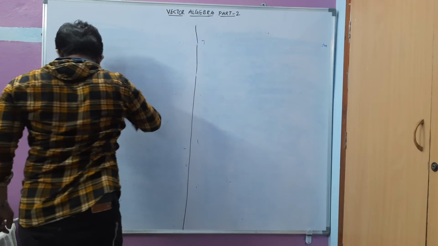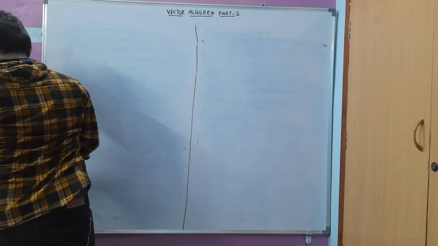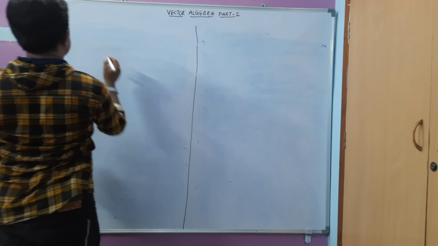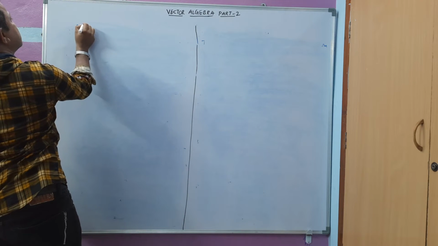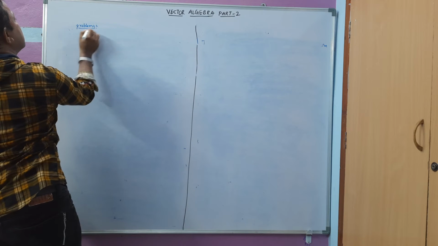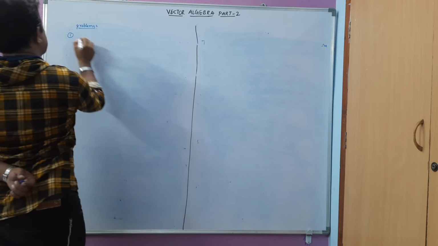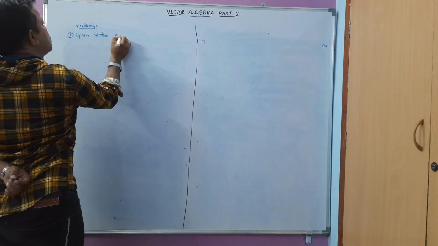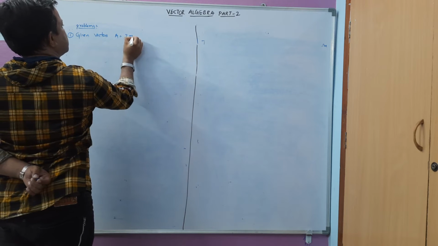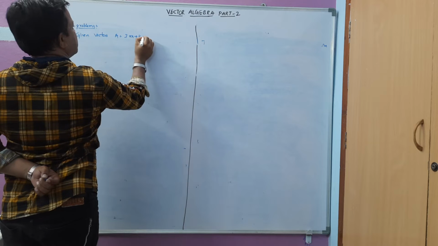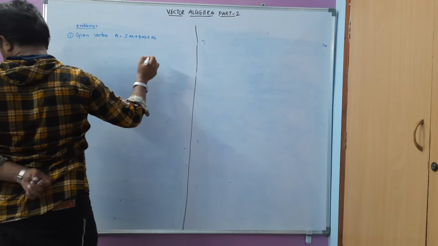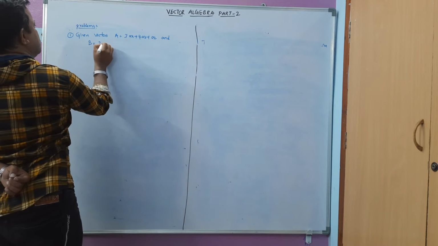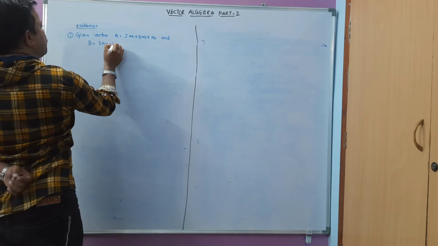So let me write the first problem here. Very simple problems I have taken. Given vectors A is equal to 3ax plus 4ay plus az, and B is equal to 2ay minus 5az.